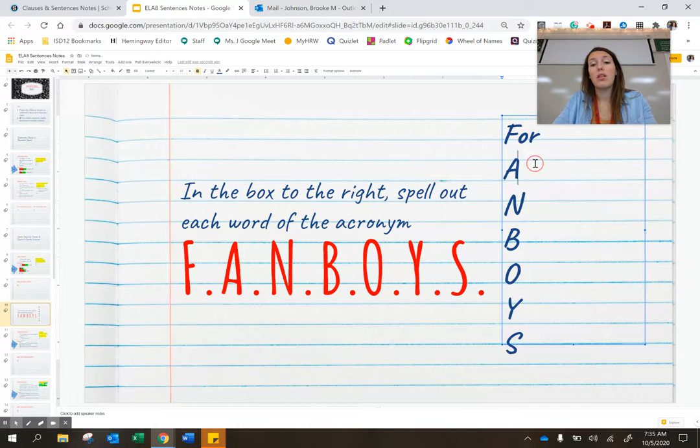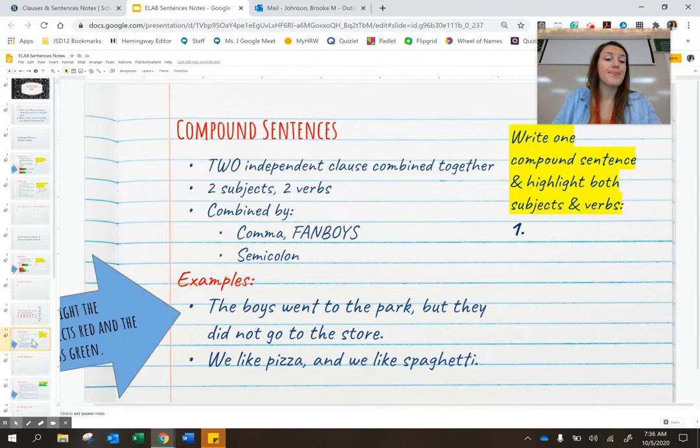So for, and, nor, but, or, yet. So each of these is a conjunction, and they are needed for compound sentences.